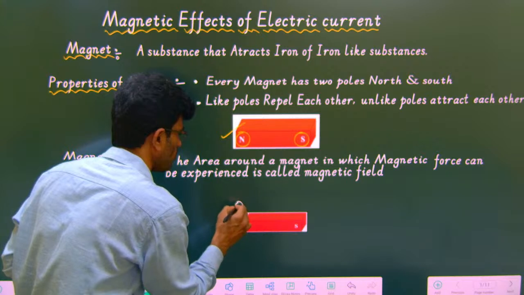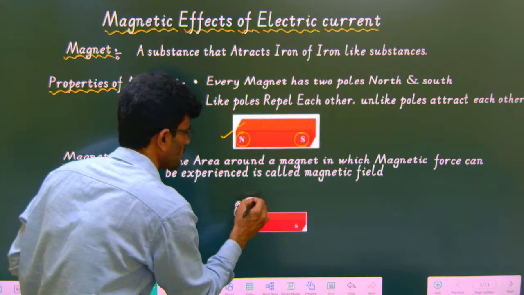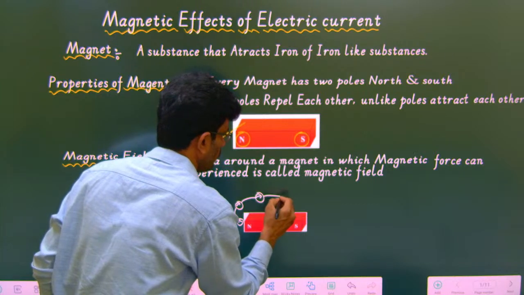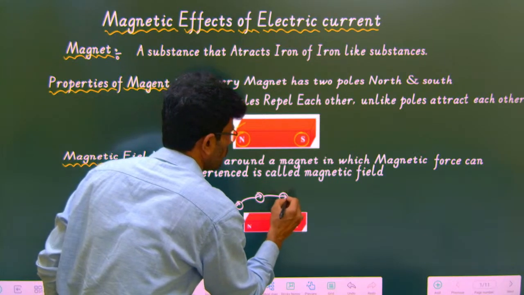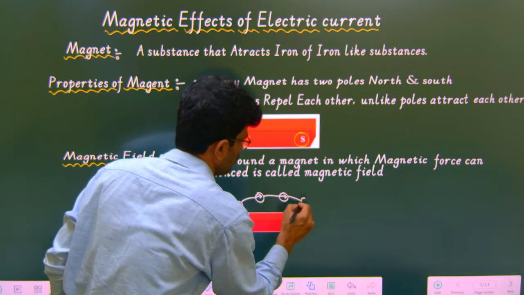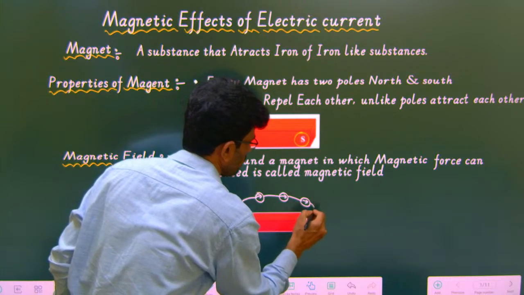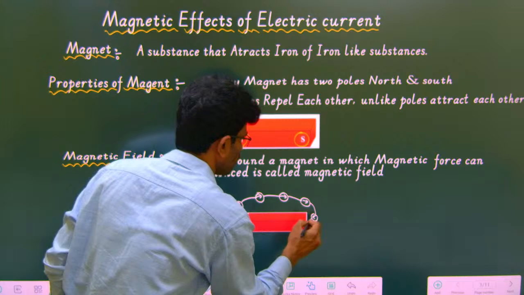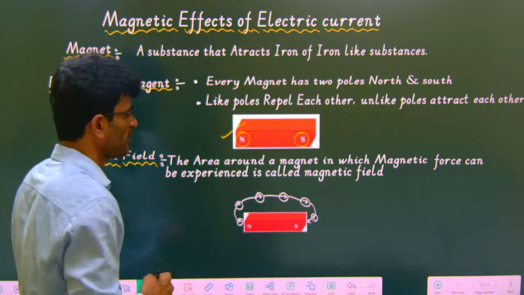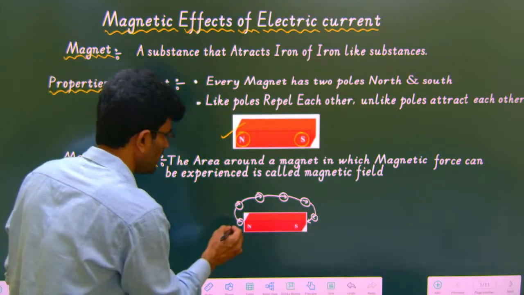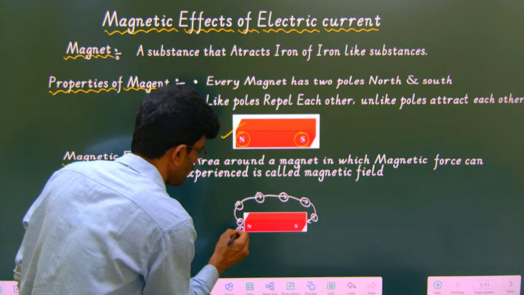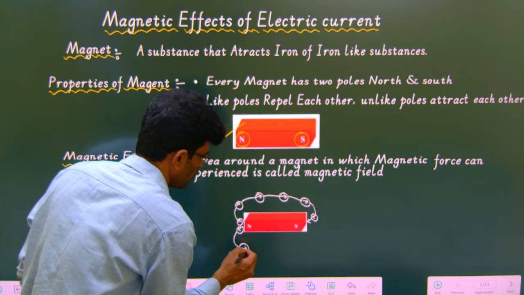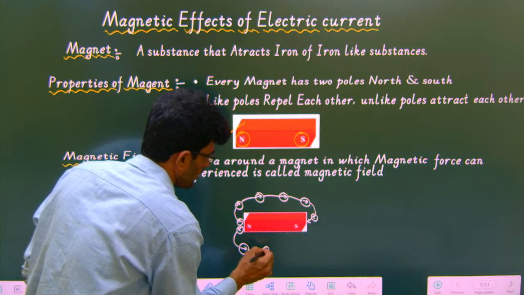Again, when you keep it here one more time, that compass will show you which way to go. Like this, every time the direction will be represented by the compass. Similarly, in the downward direction also, the compass will show you from where to where we have to go.